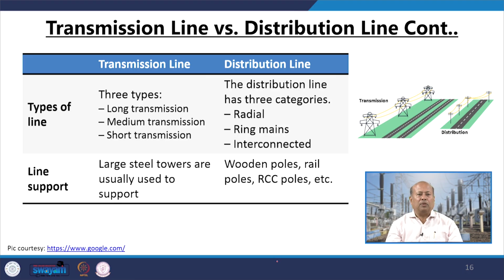For line support, large steel towers are used to carry transmission conductors. However, in distribution, we use wooden poles, rail poles, RCC poles, and many other varieties of poles for carrying distribution lines.